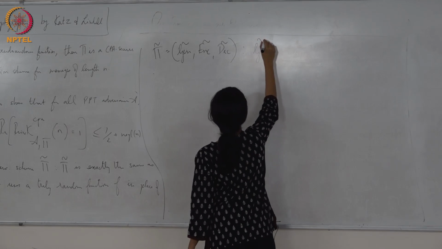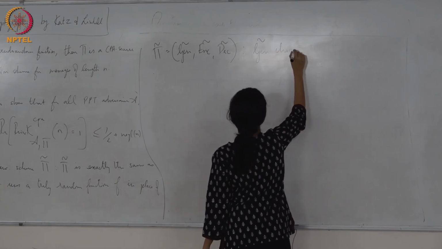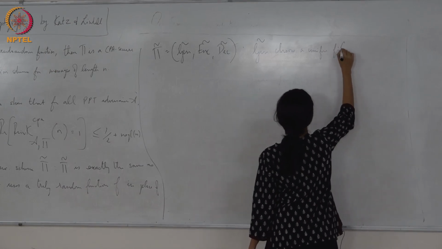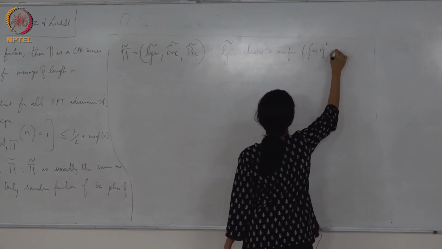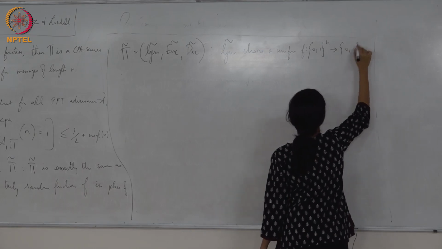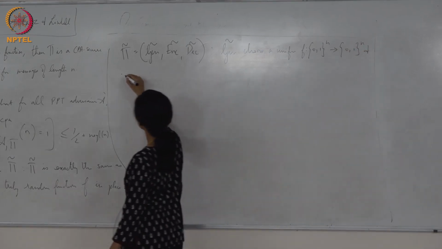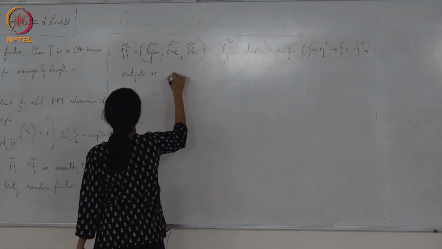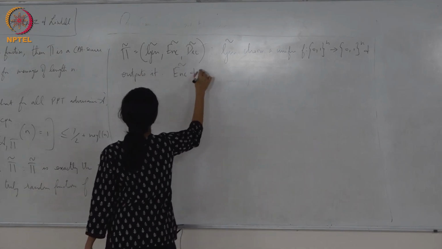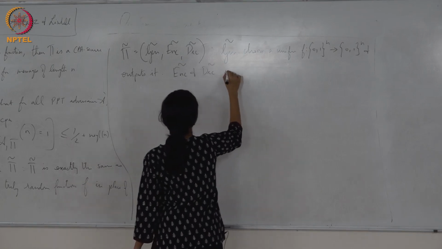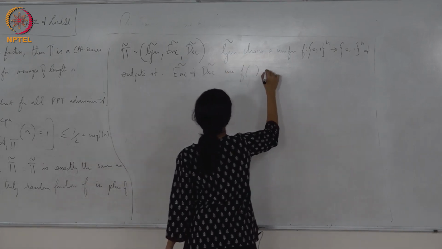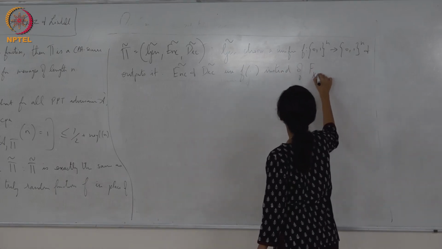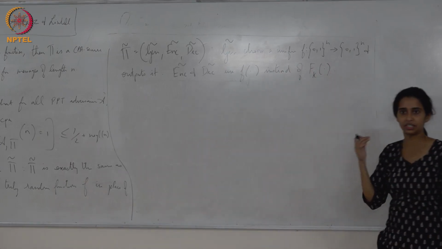Gen tilde chooses a uniform f from n bits to n bits and outputs it. And enc tilde and dec tilde use f instead of f_k. Okay, so this is pi tilde.